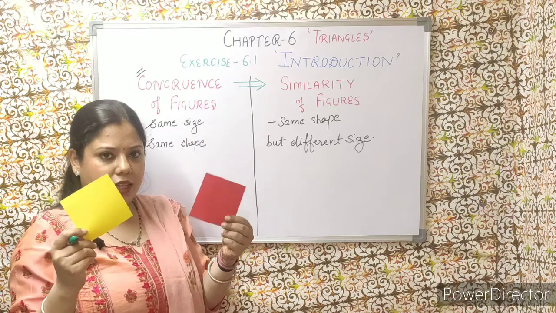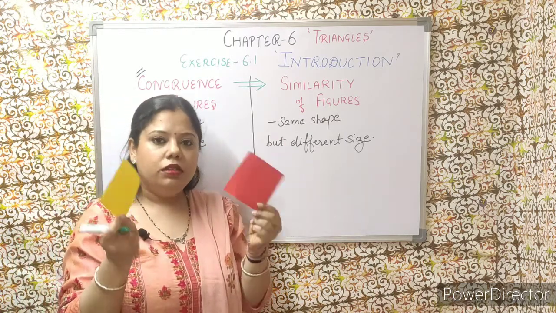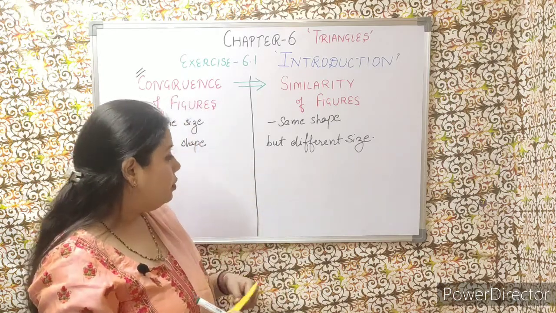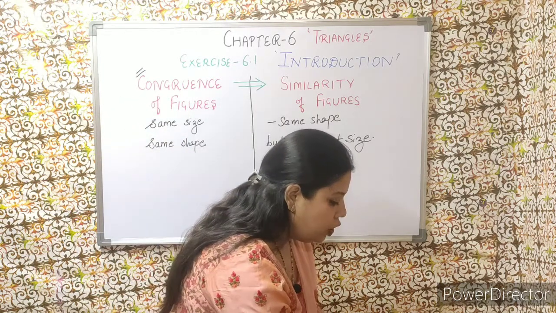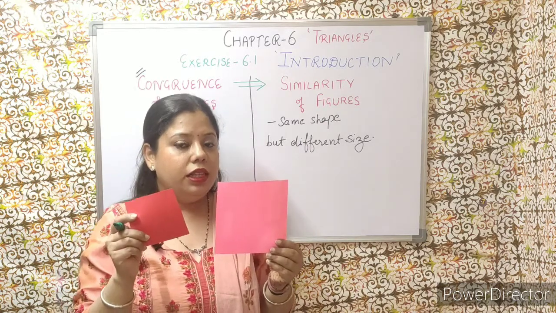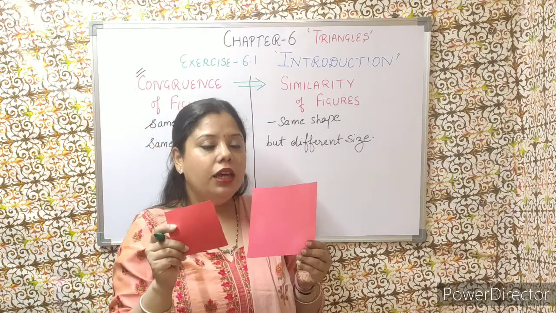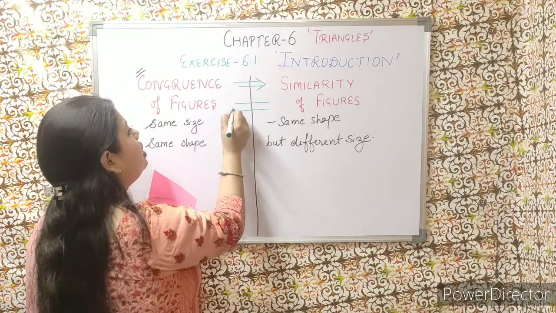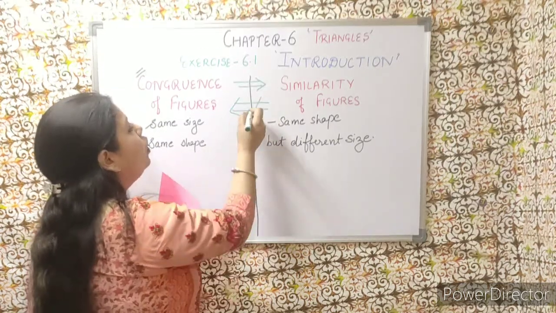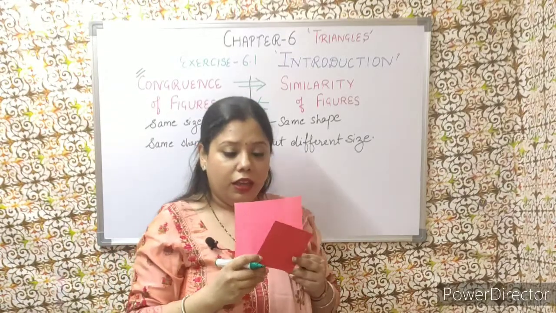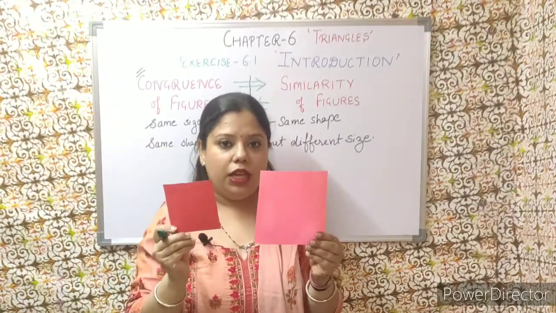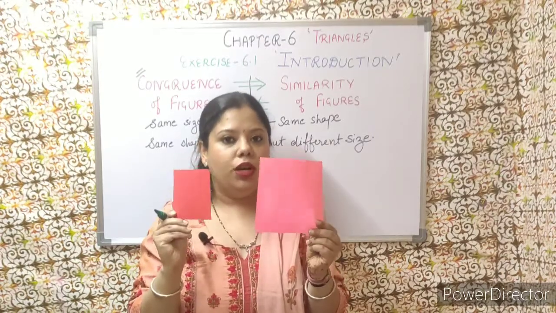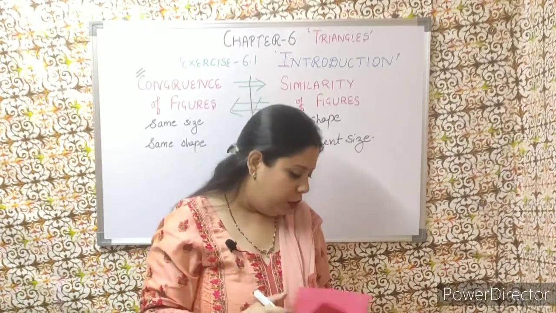But if two figures are similar, it doesn't necessarily mean that they will be congruent. Similarity doesn't always imply congruency. Why? They have the same shape but the sizes are not equal. Therefore, these two are similar but not congruent.